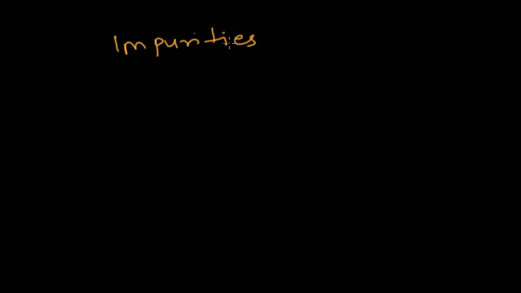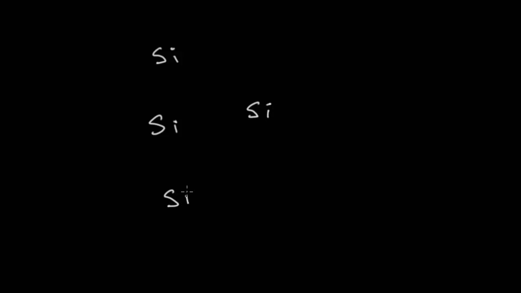Another way of increasing the conductivity is by introducing impurities in the material. The process of introducing impurities is called doping. To understand doping better, let's first understand the lattice of silicon. Silicon belongs to group 4 of the periodic table. That means it has 4 electrons in its valence shell.